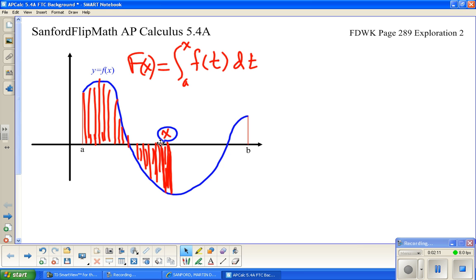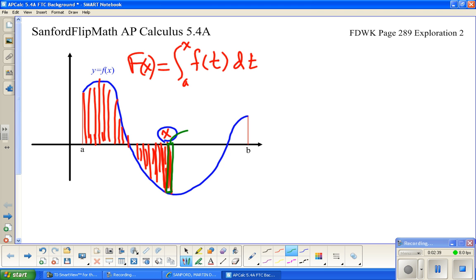Now what we're going to do is focus in on one specific rectangle right toward the end of where this shading happens. So I'm going to look at one little bitty rectangle here, and this is the last little rectangle, and its width is going to be dx.